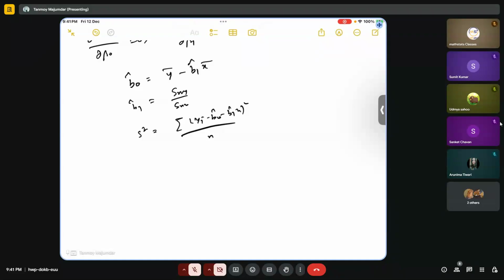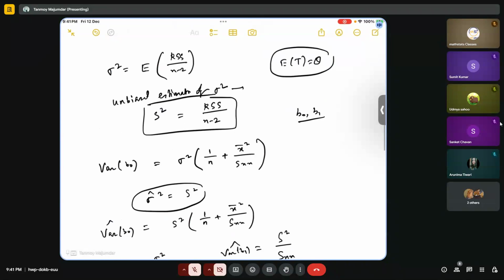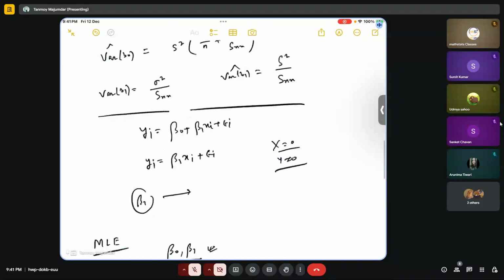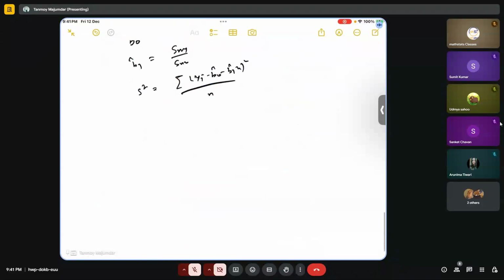Previously we have seen our S square, which we derived today, as RSS by n minus 2. If you consider this S square, the MLE will be n minus 2 by n times S square.